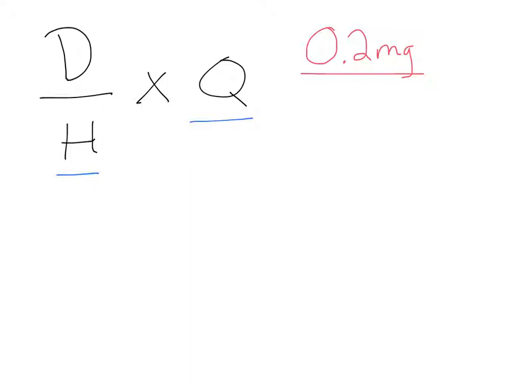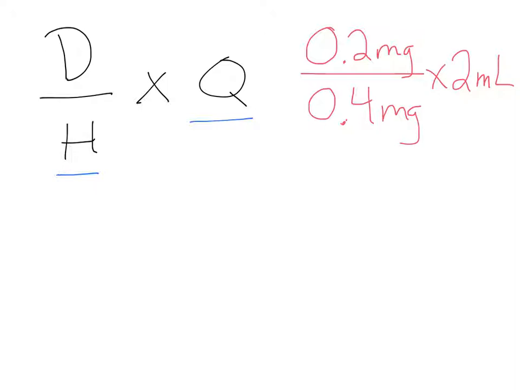If they took 4 milliliters, they would get double the dosage, 0.8 milligrams. So H would be 0.4 milligrams, and my Q in this case is 2 milliliters.